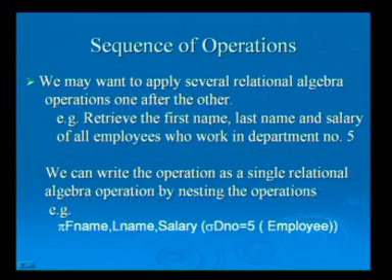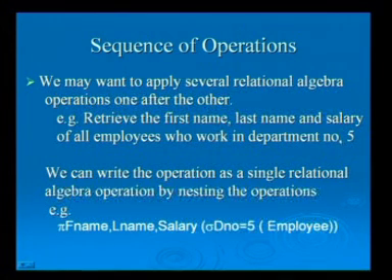Sometimes you may think whether you can do the projection first and then the selection after that. Let us see. If you do the projection first, you will project first name, last name, salary from the employee, and then you have to select the employees working for department number 5. But if you have done projection first, that is not feasible, because you have omitted department number.